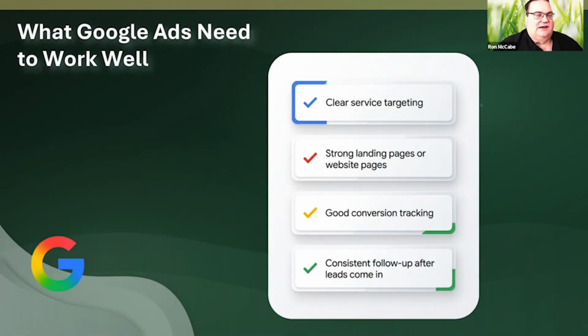When we talk about dialing in Google Ads, what we're doing usually over the first 30 to 60 days is getting clear service targeting and making sure landing pages are set up properly. And then in your overall sales process, attribution is really important. You want really good conversion tracking and general attribution.